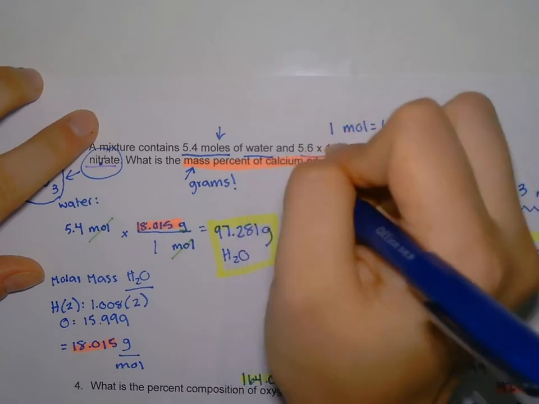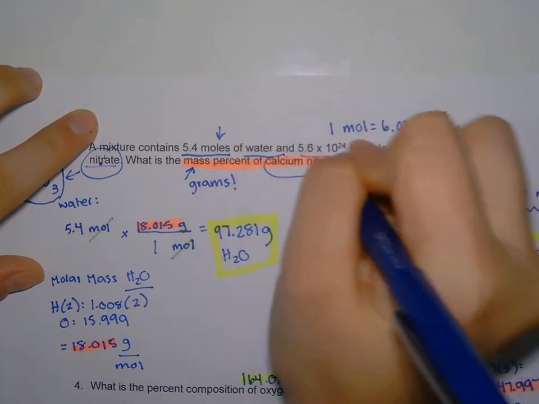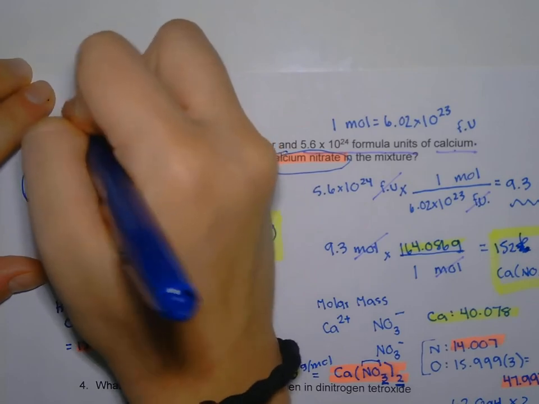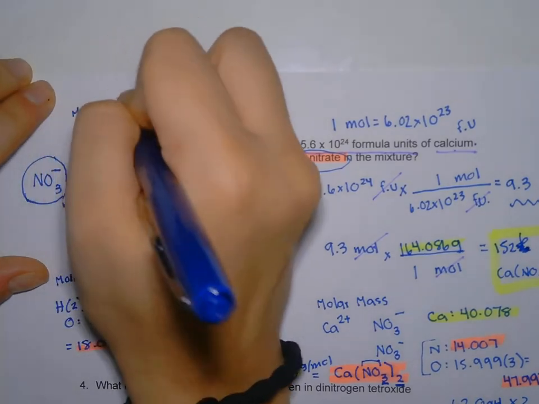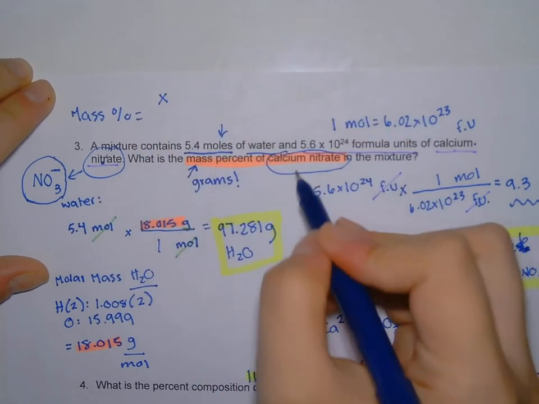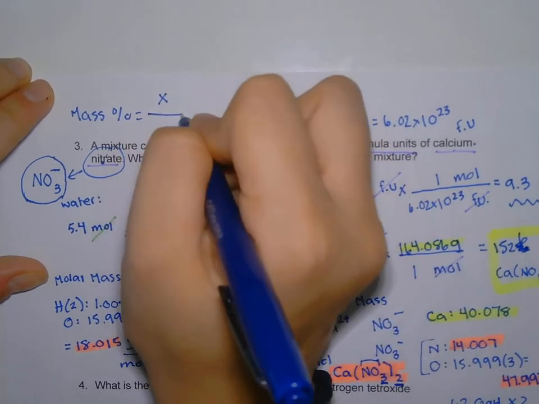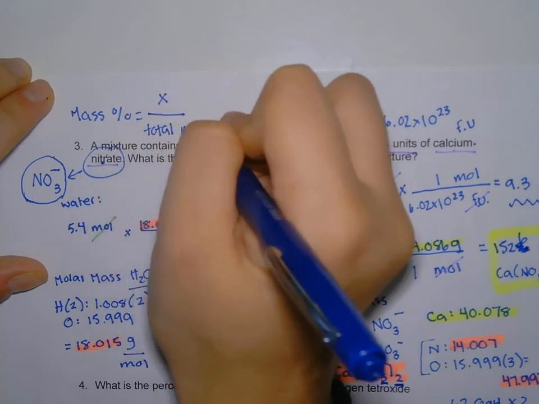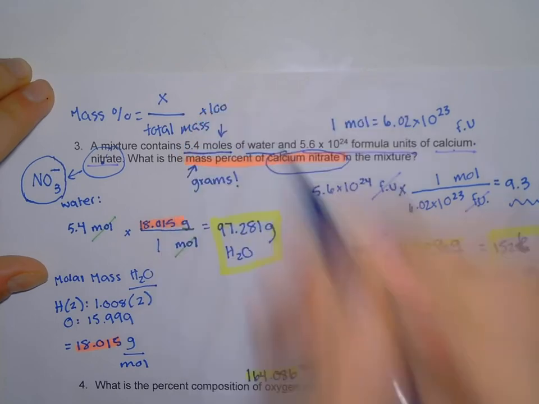They're asking you the mass percent of calcium nitrate. So the formula is mass percent is equal to whatever I am trying to find the percent of, in this case calcium nitrate, over the total mass. And then you multiply all that by 100.